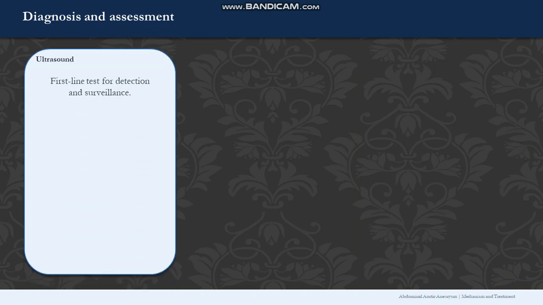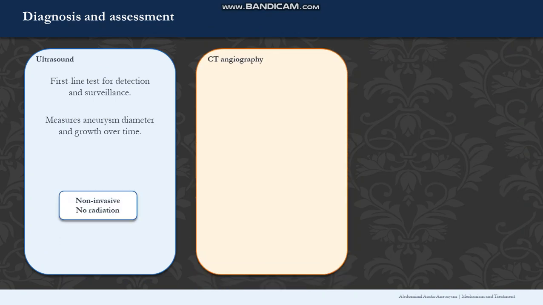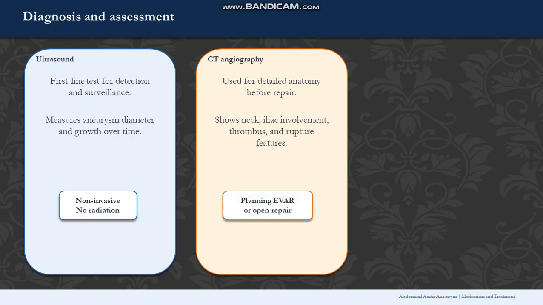That is the most important part: diagnosis and assessment. Ultrasound is the first-line test for detection and surveillance: measure aneurysm diameter and growth over time. It is non-invasive and no radiation is required. CT angiography gives detailed anatomy before repair like EVAR, showing iliac involvement, thrombus, or rupture features, if you are planning for EVAR or open repair.